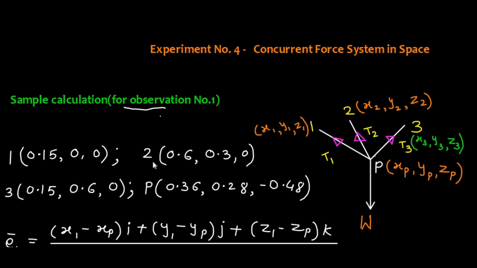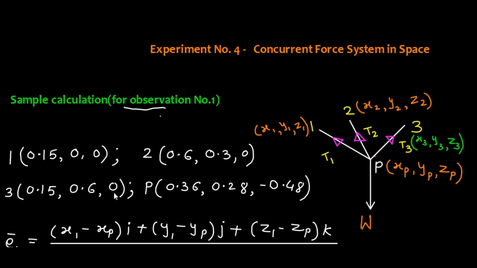The coordinate of point 2 are 0.6, 0.3 and 0. Coordinates of point 3 are 0.15, 0.6 and 0, and the coordinates of point P are 0.36, 0.28 and minus 0.48. Here I am showing minus because I considered the positive x-axis in the upward direction.